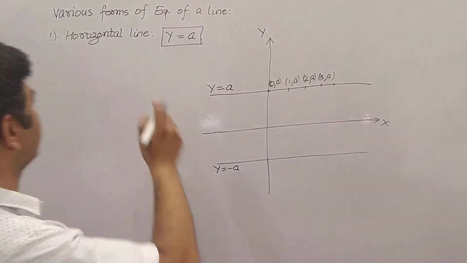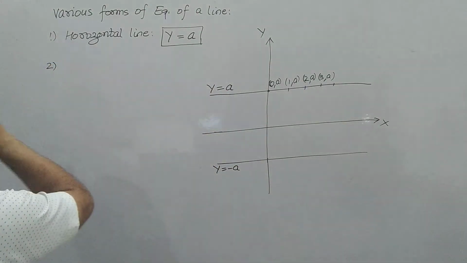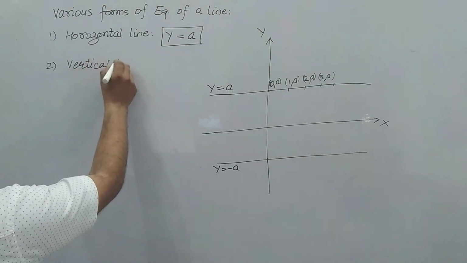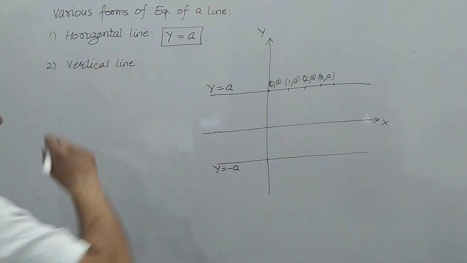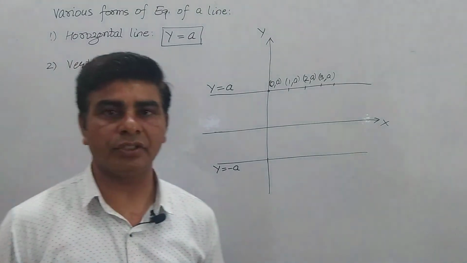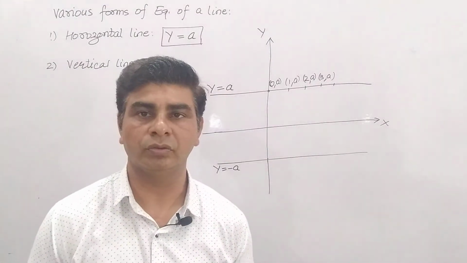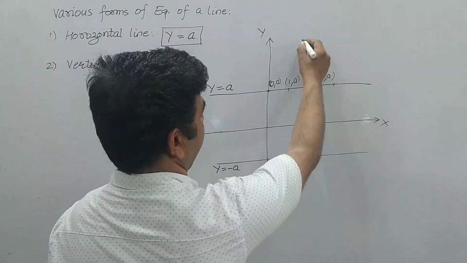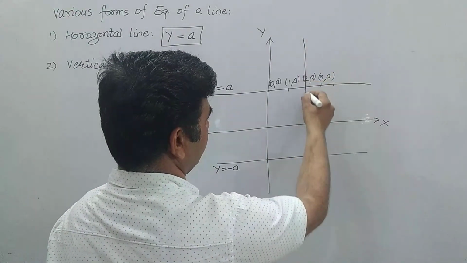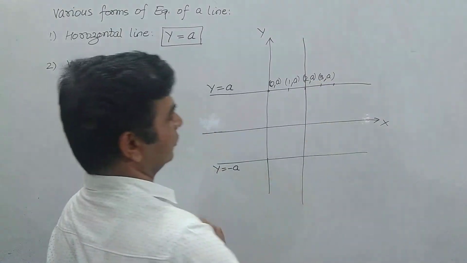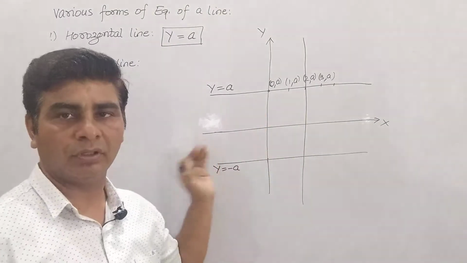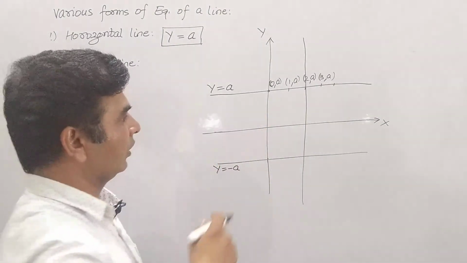Now let me discuss the second form of the equation of a line, the vertical line. A vertical line is a line which is parallel to the y-axis. Let me take any line which is parallel to the y-axis. It may be to the right of the y-axis, it may be to the left of the y-axis.